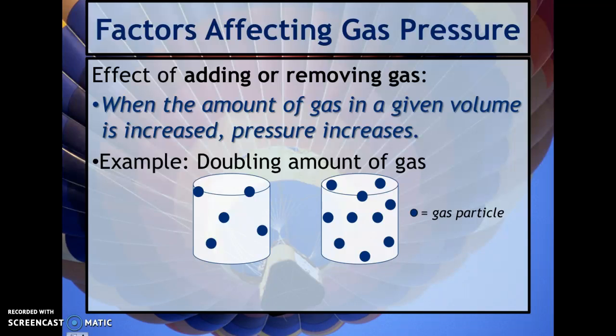In the second container, we have doubled that amount of gas to 10 particles. What do you think is going to happen to the pressure because we doubled the amount of gas? If you said that the pressure was going to increase, you are correct. 2 times the amount of gas means that the pressure will double.